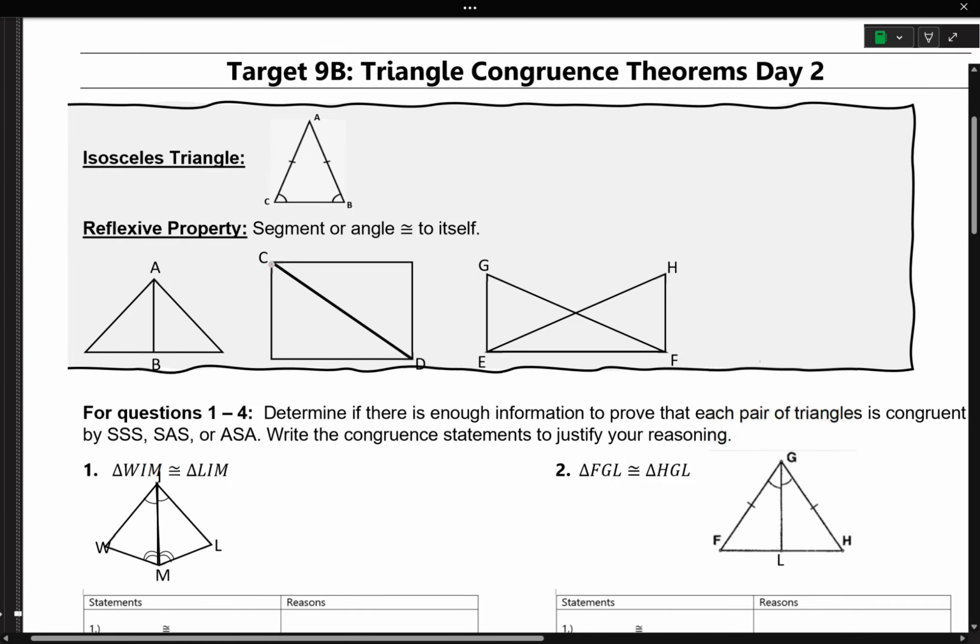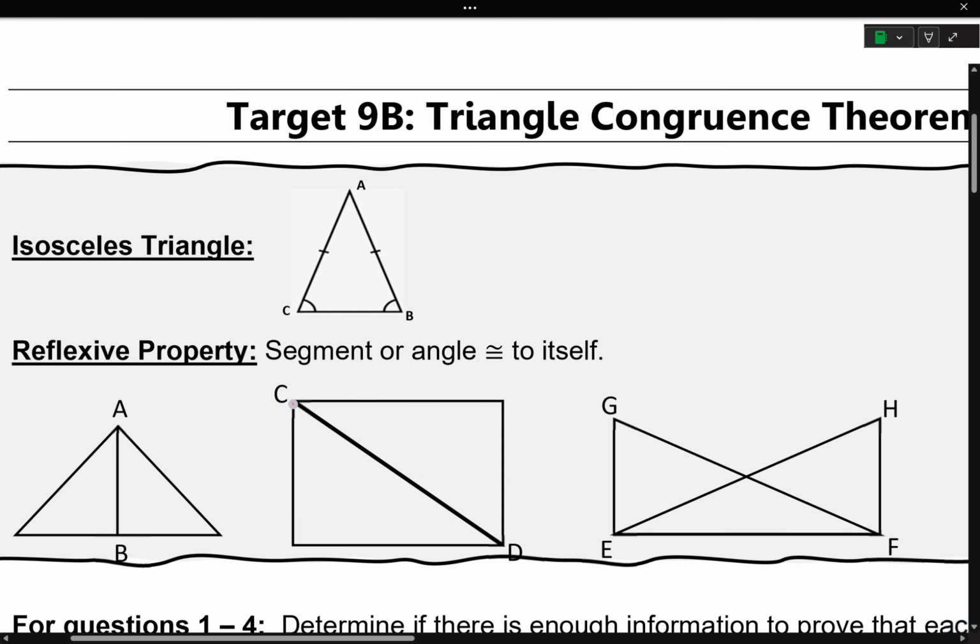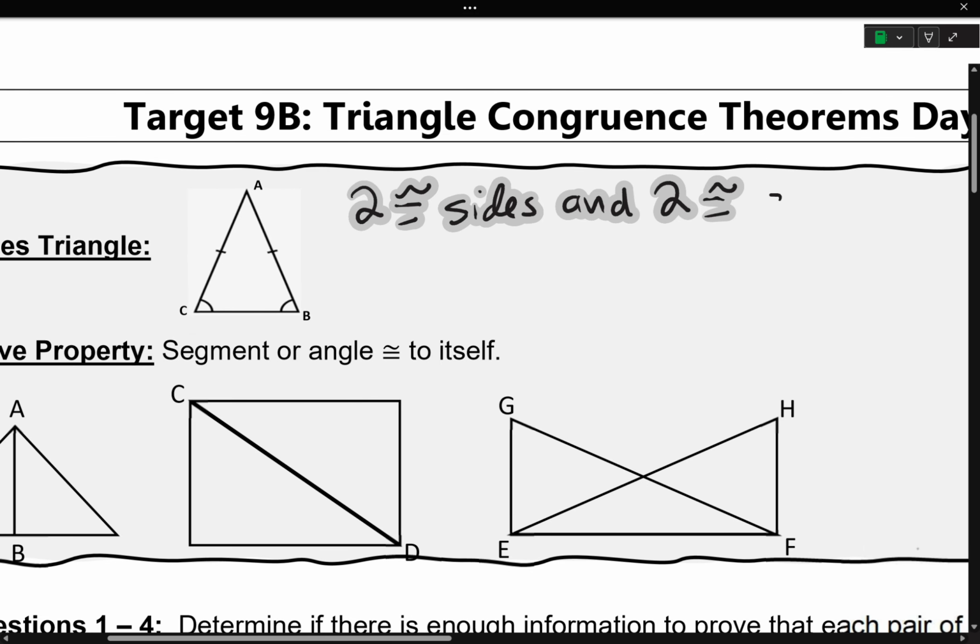First, I want to remind y'all about isosceles triangles. Isosceles triangles are very special because they have two congruent sides and two congruent angles attached to the base.